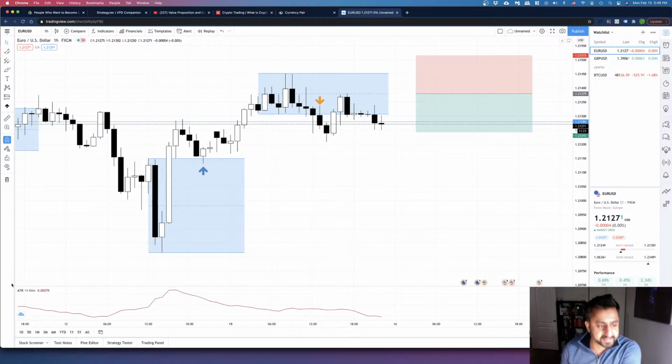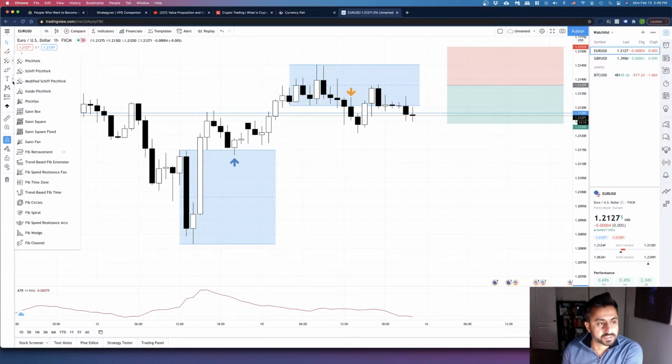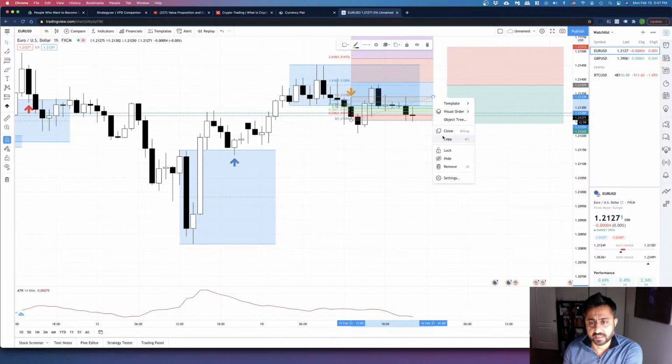I just use a basic setting, ATR 14 period, and I saw the ATR is 10 pips. So when the ATR is 10 pips, what I do is take this candle right here that meets my criteria, which is, it looks like it's all over the place. So let me just fix this for a second.